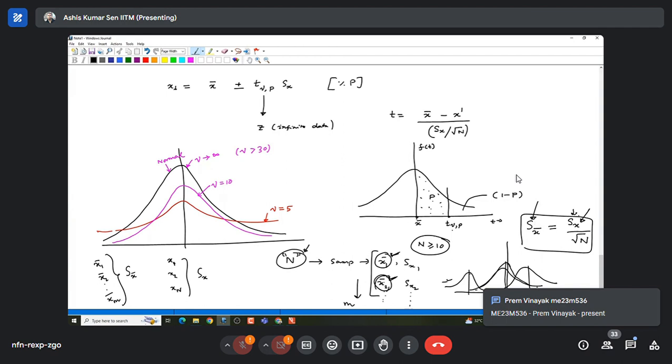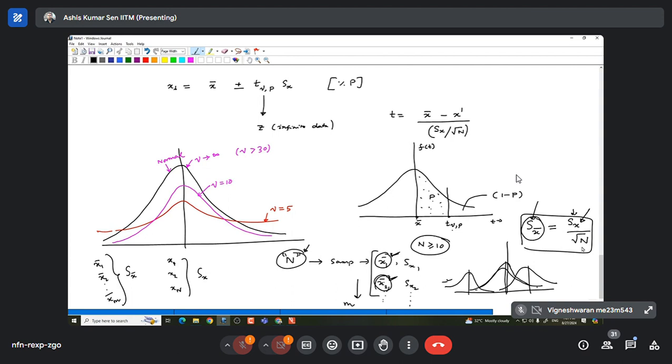But if you do, then the standard deviation of the means of all the data sets happens to be Sx divided by square root of n. So I will stop here, but I will continue this tomorrow, so that we start from here again. Okay, so let us stop, and if you have any questions, let us discuss.